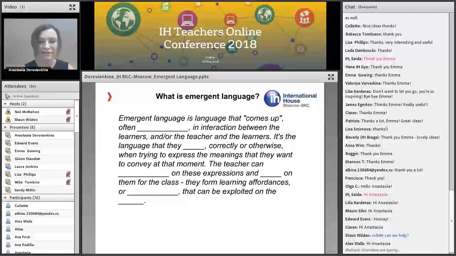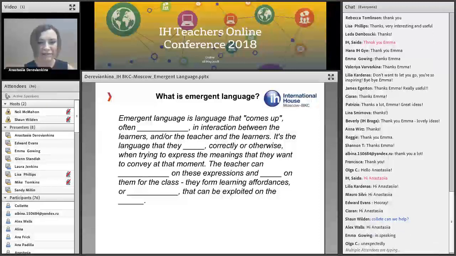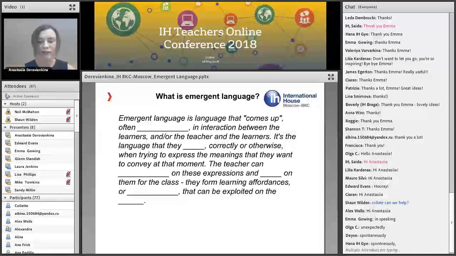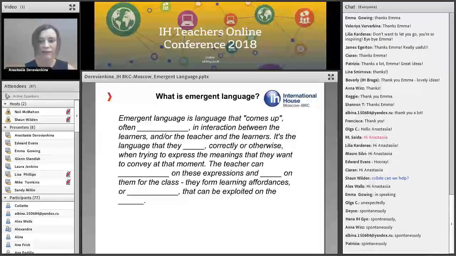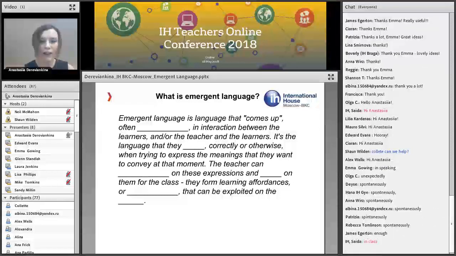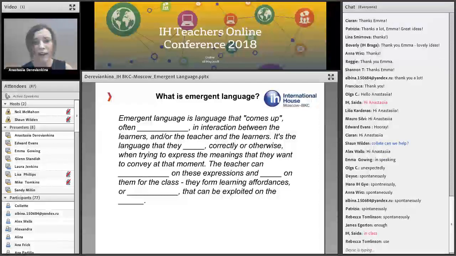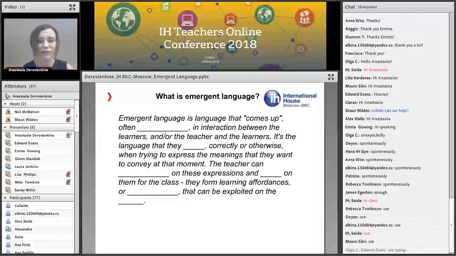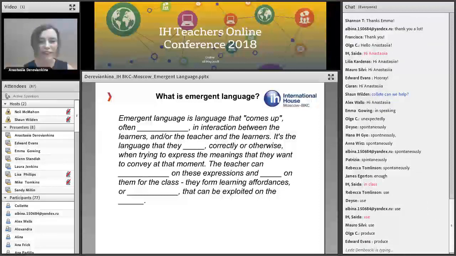Your ideas? Again, speaking unexpectedly. Yeah? Good. And in the interaction between the learners and/or the teacher and the learners, and it's the language that they use. Yeah, obviously. Thank you.